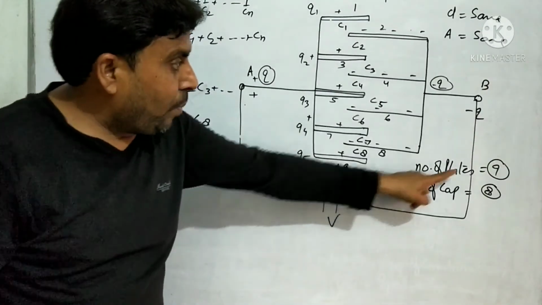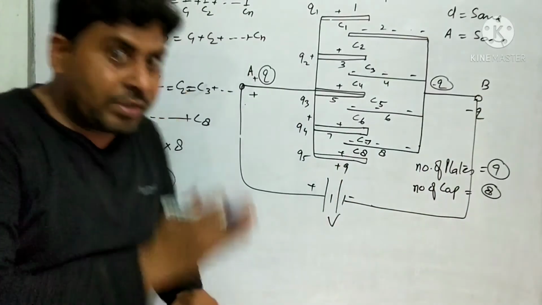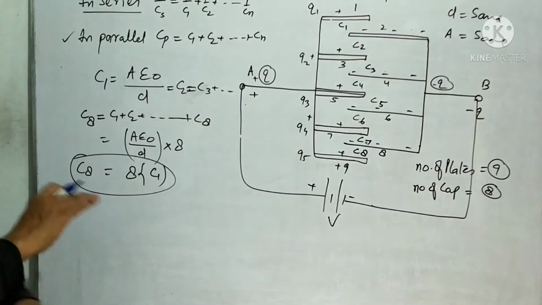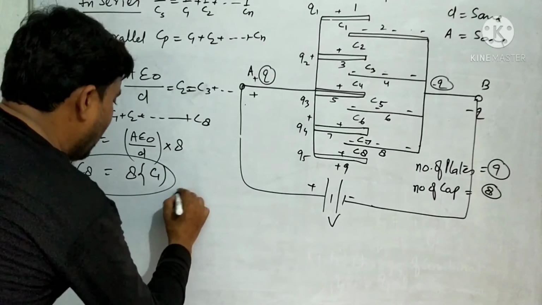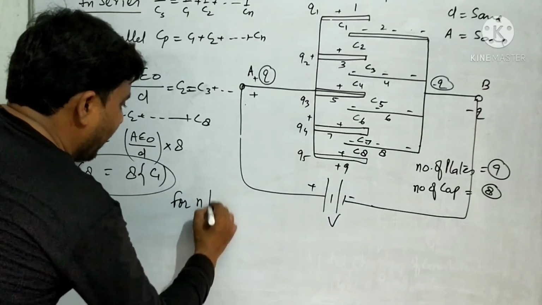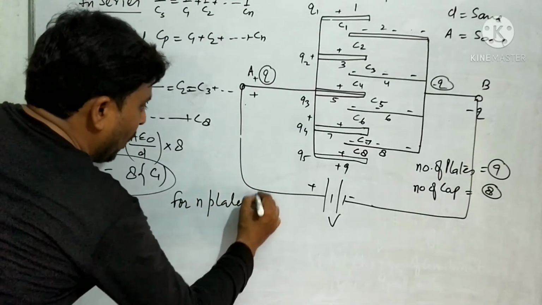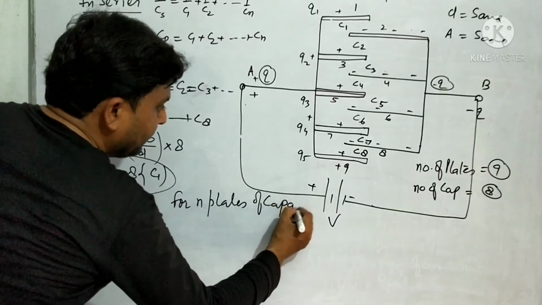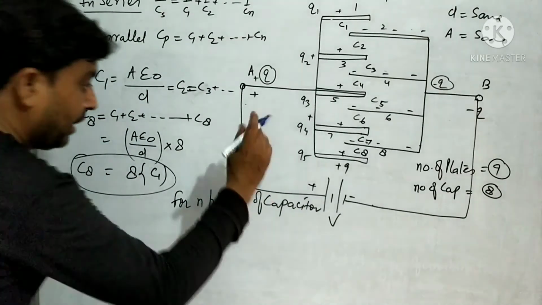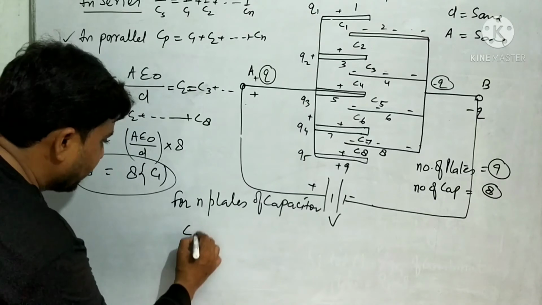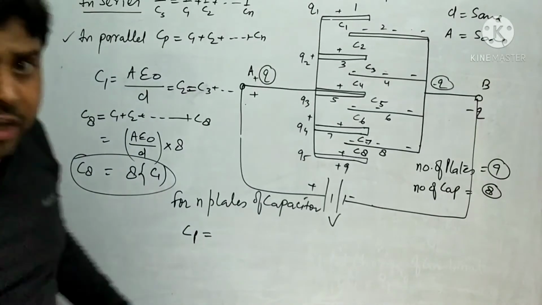Then for n plates of the capacitor, the net capacitance equals how much?